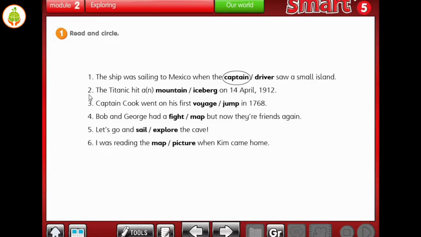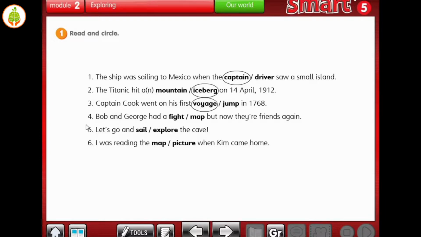Very good. Number 2. The Titanic hit a or an mountain or iceberg on 14th of April 1912. An iceberg, of course. It was sailing. Number 3. Captain Cook went on his first voyage or jump in 1768. Voyage, of course, because he's a captain.